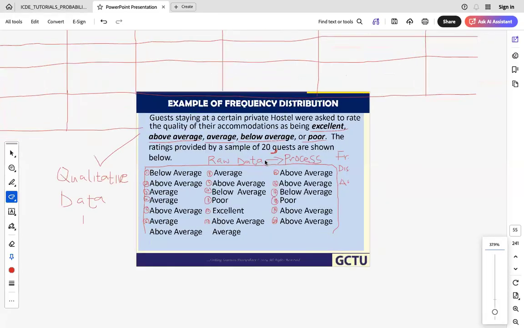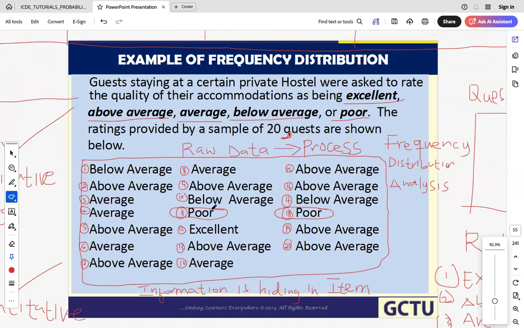Then the next group, below average. Let's see how many chose below average. We are done with the poor, so I cancel it out. Below average, I see 1 here. For this side, I see only 1 below average. I see a second one here.